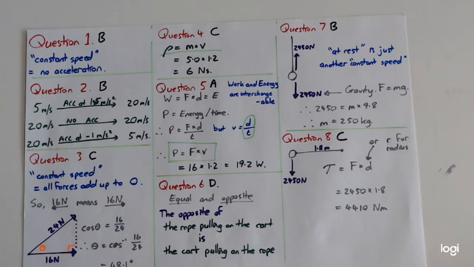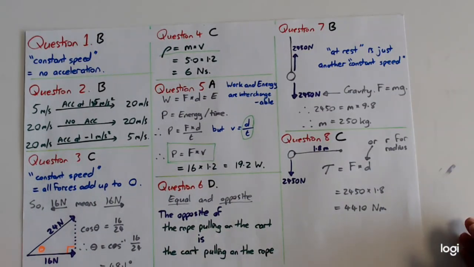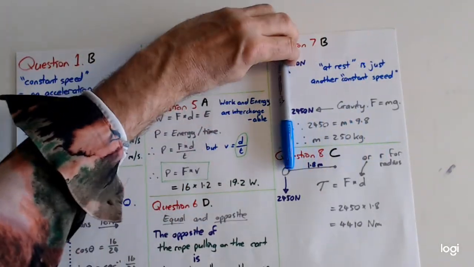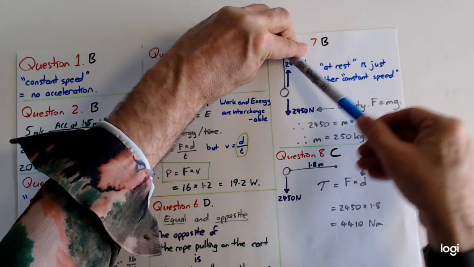It says, what's the torque that the sphere exerts on the pole? Now, this is when it's horizontal. There is no torque on the pole when it's hanging vertically. Torque is the turning effect of a force. If it's just hanging vertically, this thing isn't trying to rotate at all.